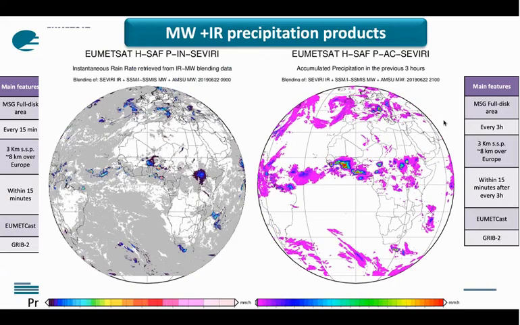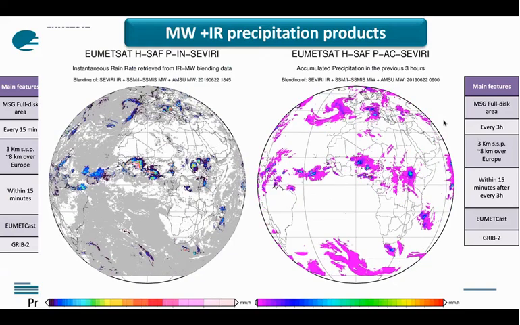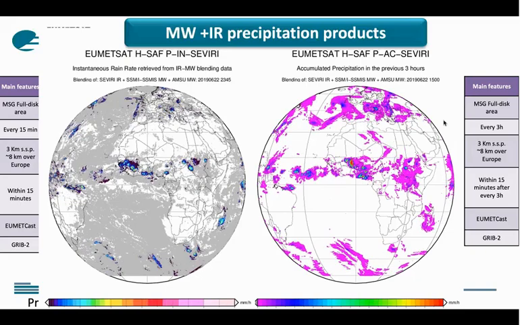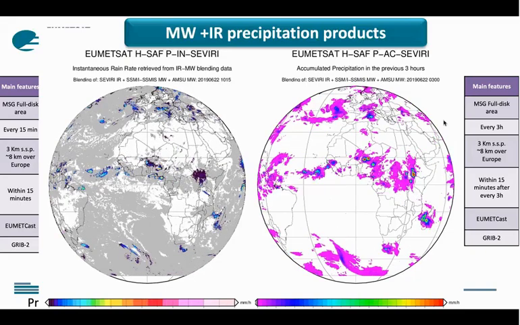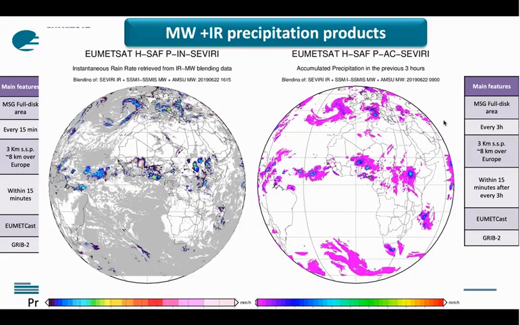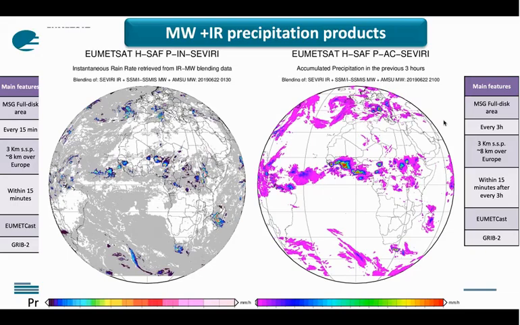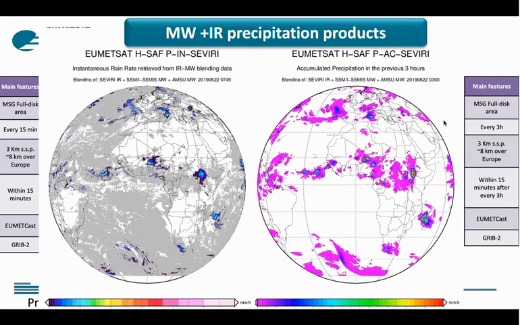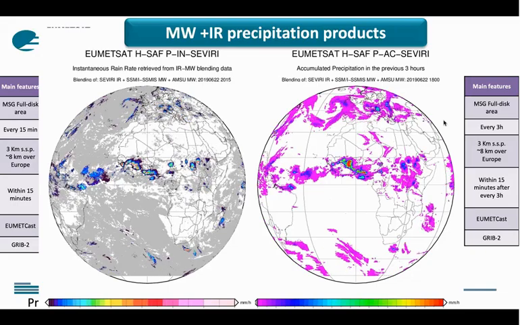That is important because it is a technique to increase the capacity of the product to be available with a higher frequency. In fact, we have this product every 15 minutes, with a spatial resolution of around 3 kilometers at the sub-satellite point.